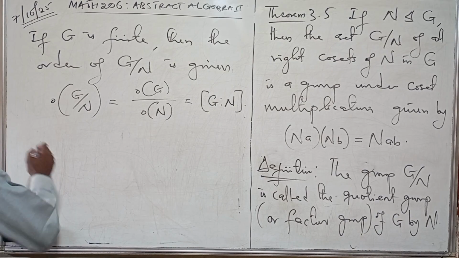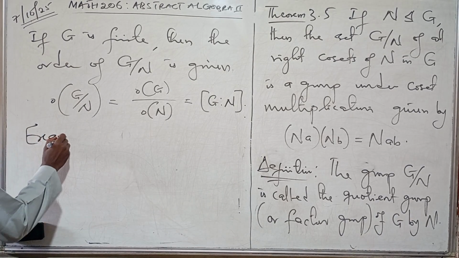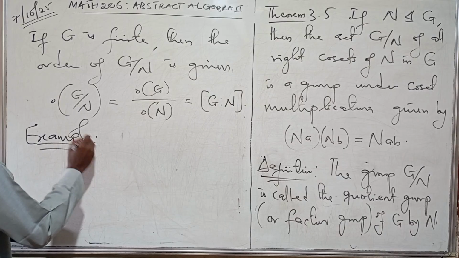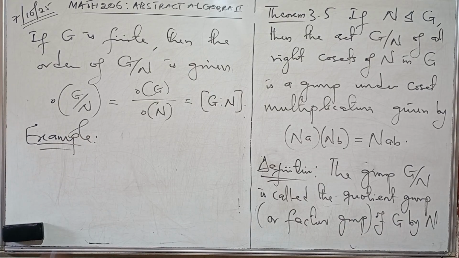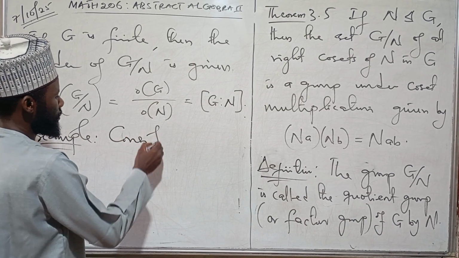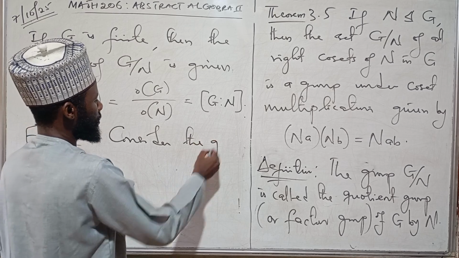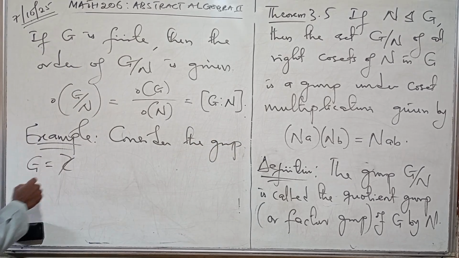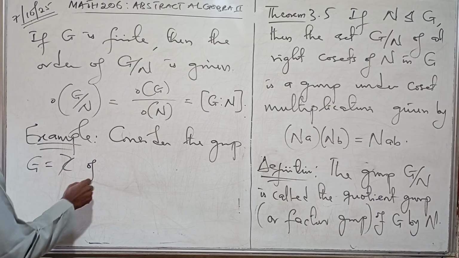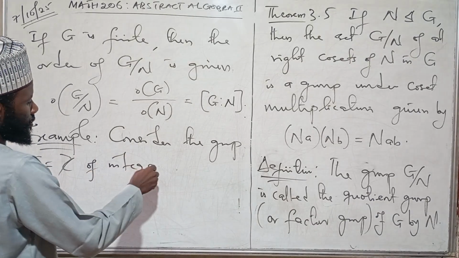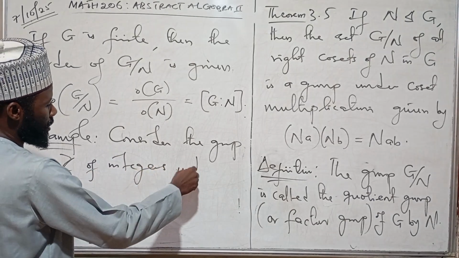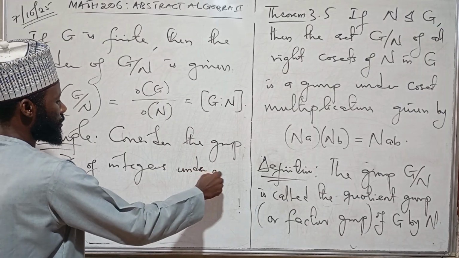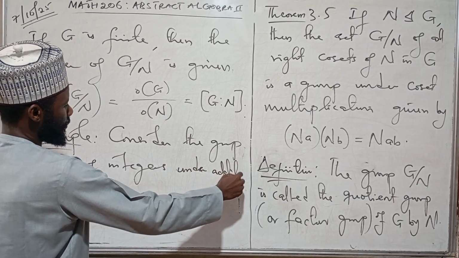Okay. So let me give you an example of this. We can consider the group G equal to Z, that is the group of integers, under addition of integers.